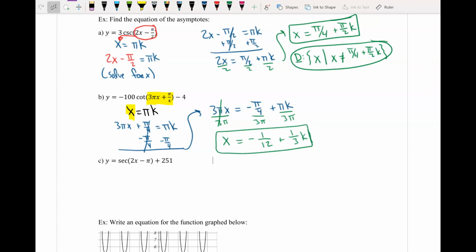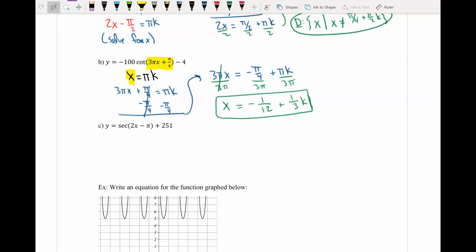All right, now let's do the last problem. Okay, so we need to figure out the equation of the asymptotes for a secant graph. So for secant, it'll be x equals pi over 2 plus pi k. We're going to take the argument 2x minus pi and plug it in here.